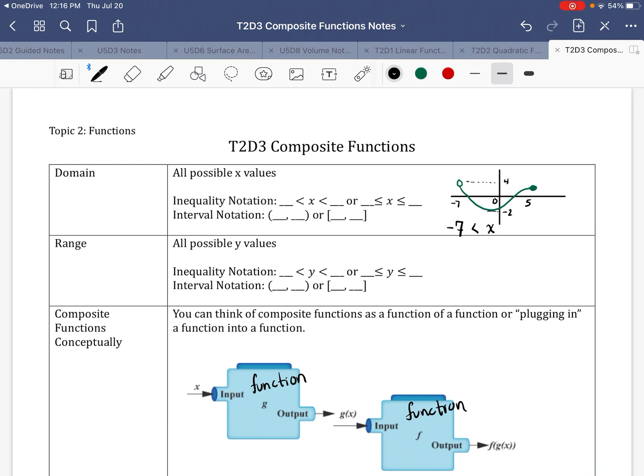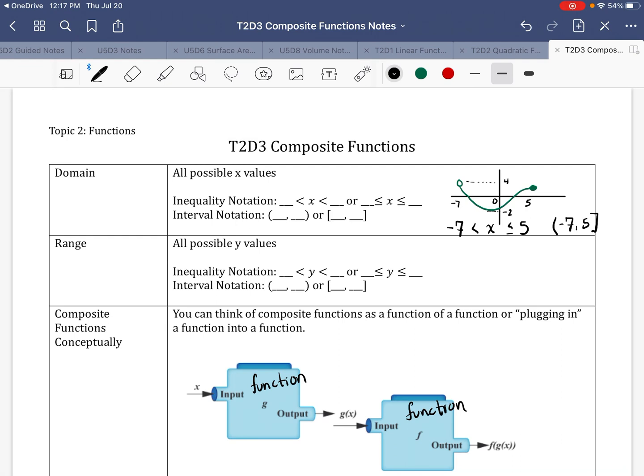Domain is our x values. And then our rightmost point is at 5, and that one is a closed circle. So it includes that point, and we can put a 5 there. So that's in inequality notation. And then interval notation will be parentheses, -7, comma 5, bracket, to indicate the including and not including.